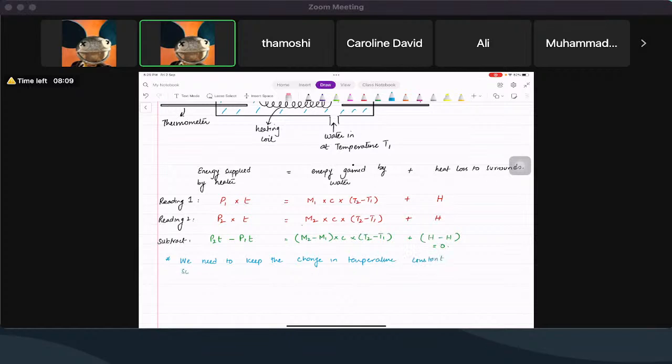So when I increase the energy, I will also increase the amount of mass in the tube. Is it clear, everybody?